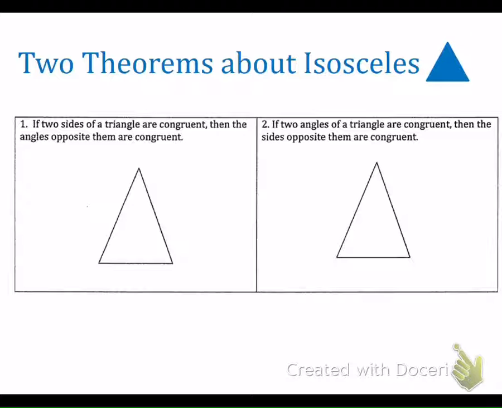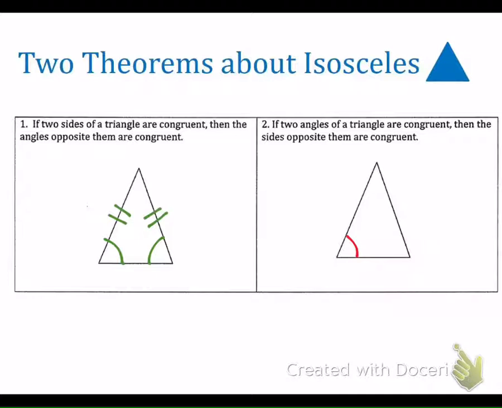So when you have an isosceles triangle, if two sides of the triangle are congruent, then the angles opposite are congruent. So if you know that these two sides match, the angles across from those two sides are also congruent. So if you know the sides are congruent, you know the base angles are congruent. The cool thing about this is it works in reverse too.